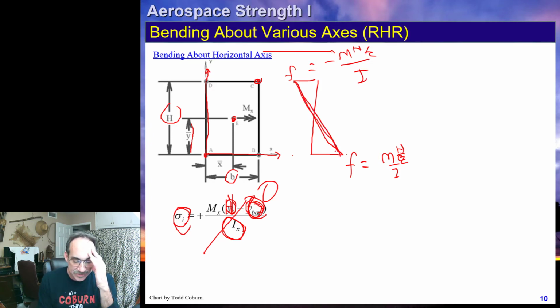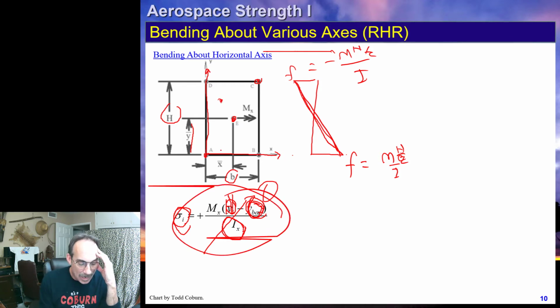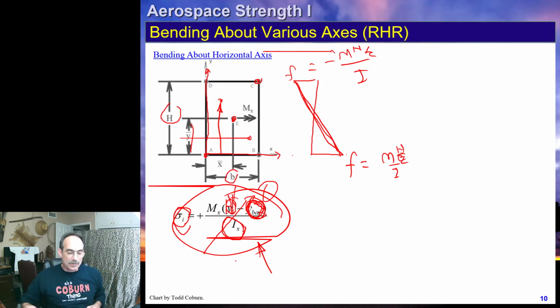It's a linear strain distribution. We can calculate the stress in here. We can calculate the stress right here. All we would do is, in this equation, plug in the y position of this point, subtract the y bar, and divide by the I multiplied by the M. If we want the stress right here, we just put the y position of that point in this equation. We can calculate it about any point. Okay?